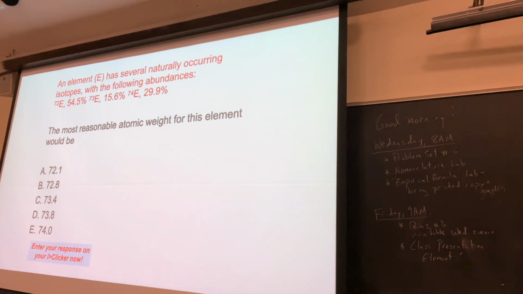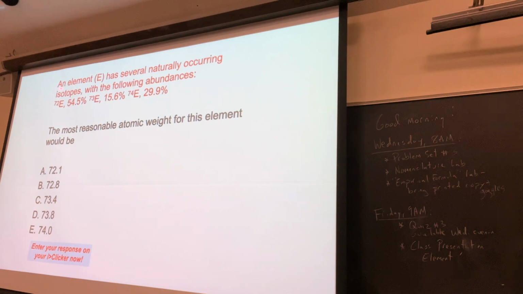That feels right to me because, again, we have more 72 than the other ones, but on the other hand, it's not like 90% 72, which would make it something like this. And for some of you, that'll be cool, but you can also do it the quote-unquote math way. The math way would be to take the mass number and multiply by the decimal version of the percentage.